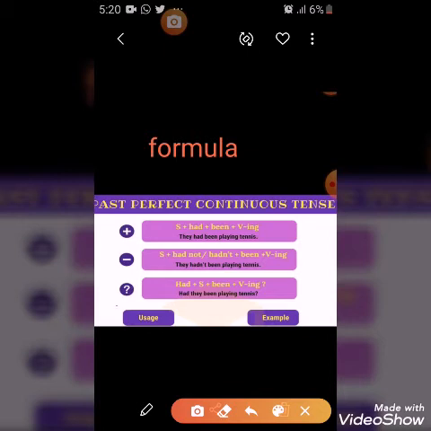The last one is for the interrogative or question sentence. This is how we can form sentences.